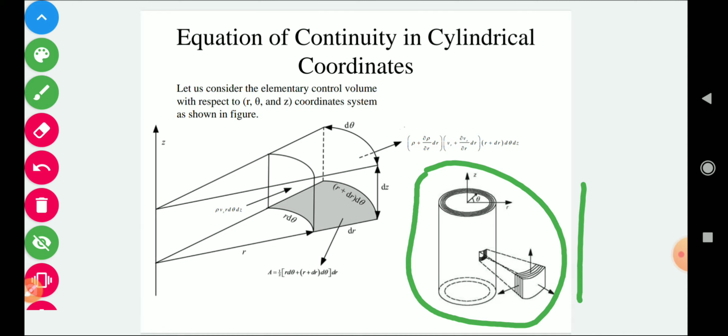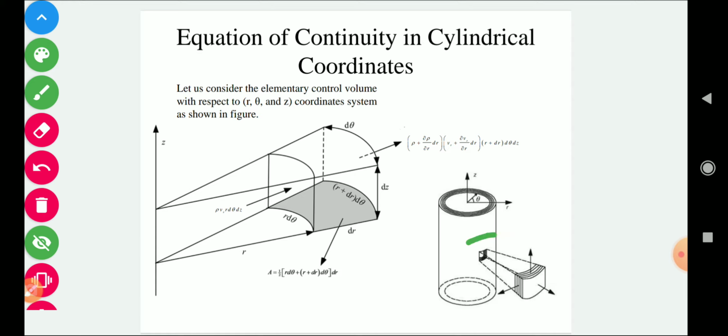So if we zoom into this section, let us consider we have a control volume which is at a distance of r from the center, and the thickness of the control volume is dr, and the height is dz, and it makes an angle equal to theta.